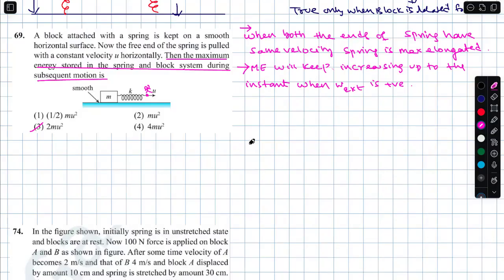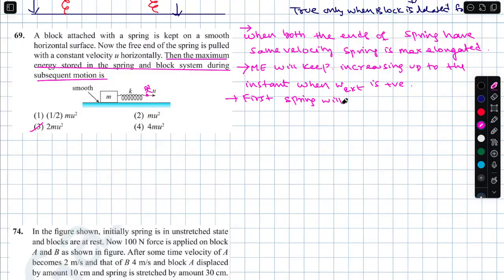What is happening? In the very first stage, the spring will elongate. Thereafter, the maximum energy is stored in the spring. So in the first part, the spring will be elongated. Thereafter, it remains the same. And what if the work done by the spring is positive on the block?